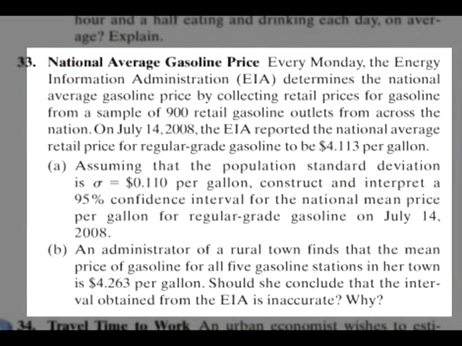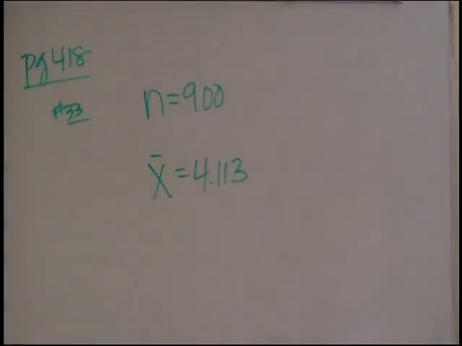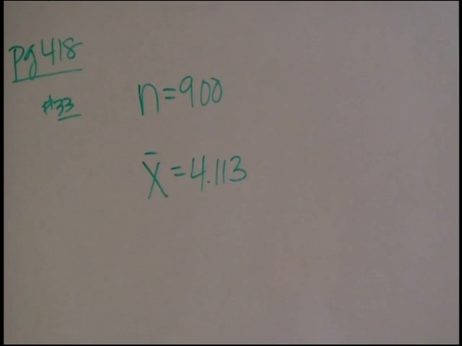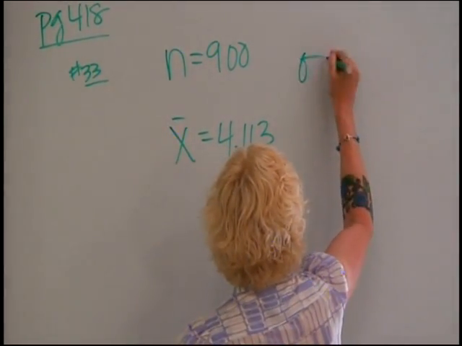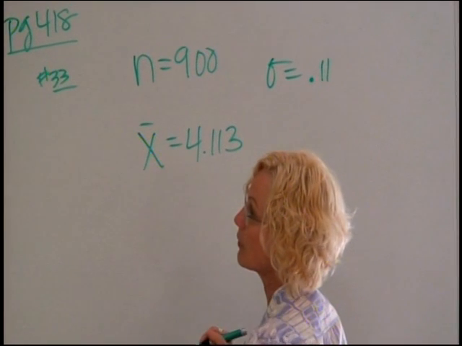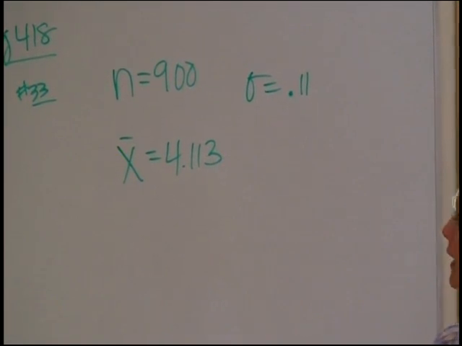On July 14th, 2008, the EIA reported a national average retail price of $4.113 per gallon. That came from their sample. Assuming that the population standard deviation is 11 cents per gallon, construct and interpret a 95% confidence interval for the national mean price per gallon of gasoline.